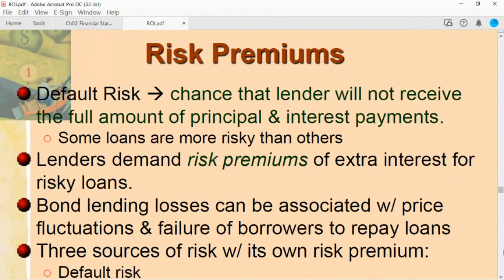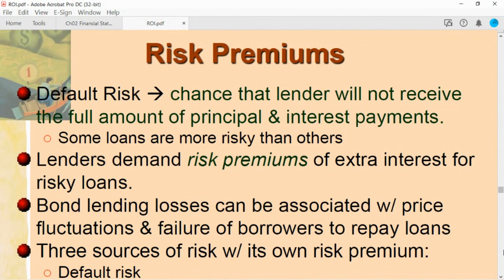So starting from the prime rate, right? Prime rate is the rate given to the most preferential, highest quality borrower. And those borrowers are called prime category. For individuals, they generally have a credit score above 820.